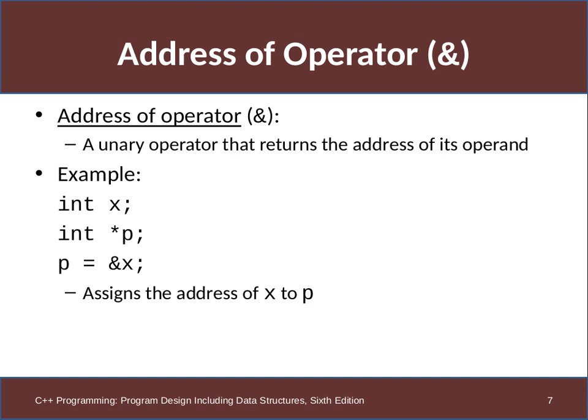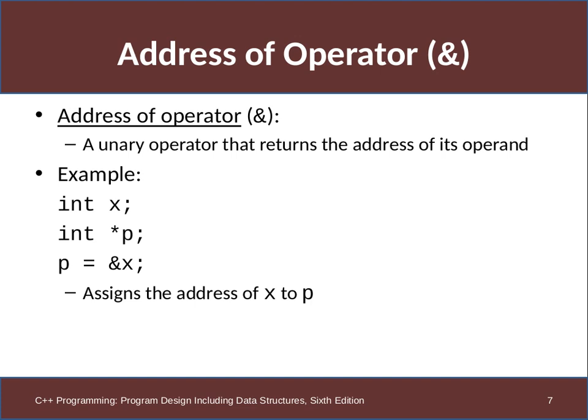If you did the ampersand in front of p, what would that tell you? I think if you had ampersand p equals ampersand x. So in this example, if I decide to print out cout ampersand p, what is that going to display? Well, it's the address of operator, so it's going to tell me the address of x. Right. So originally x.